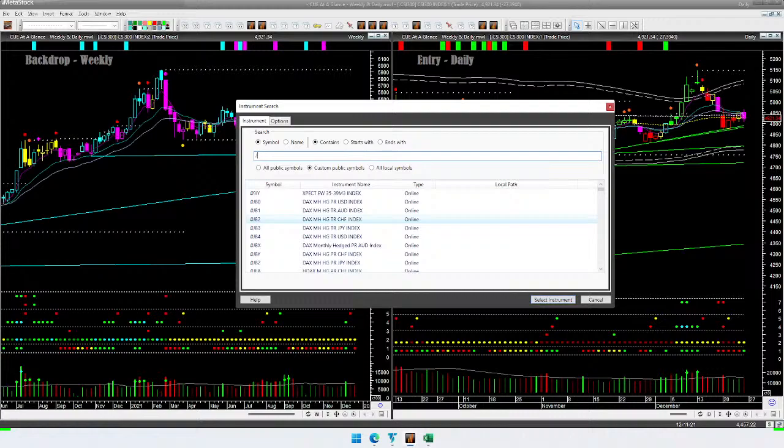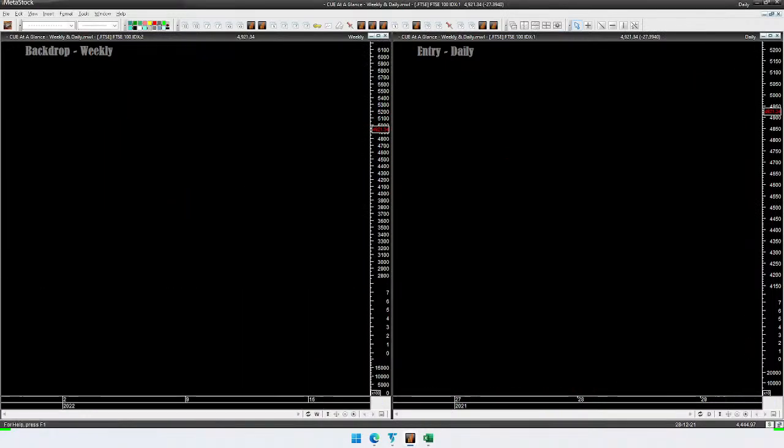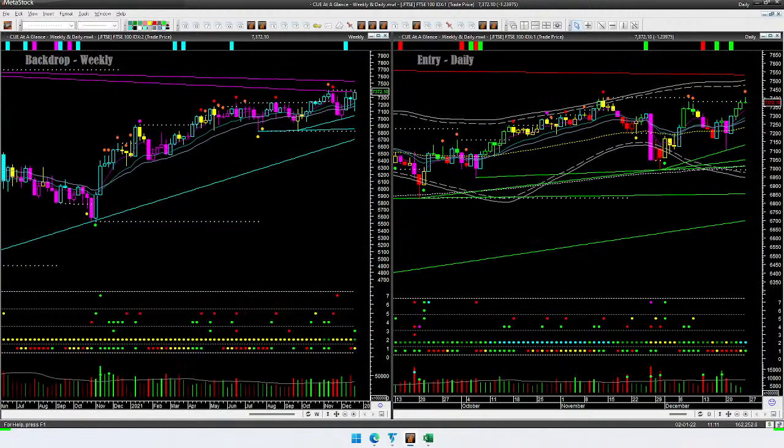What about the UK market, the FTSE index? This is also moving sideways. Upper edge of a sideways move formed by watermark resistance.